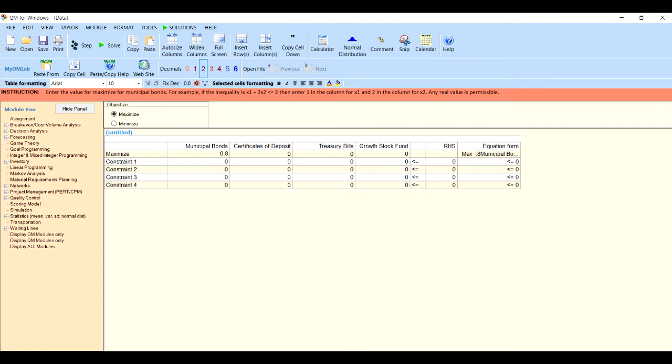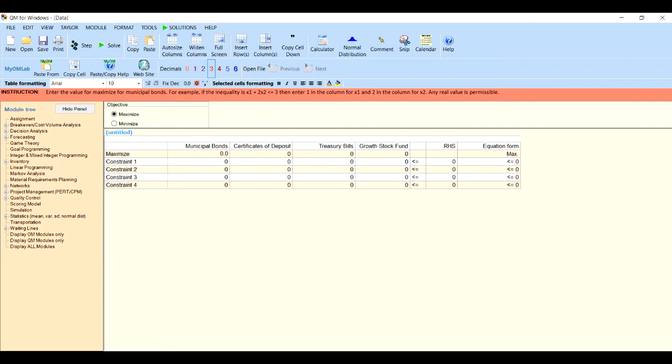So our first constraint is that no more than 20% of the investment should be in municipal bonds. So a maximum invested, so max municipal bonds. In this situation, we know the maximum we invest in municipal bonds is 20%. This is requiring some basic calculations.